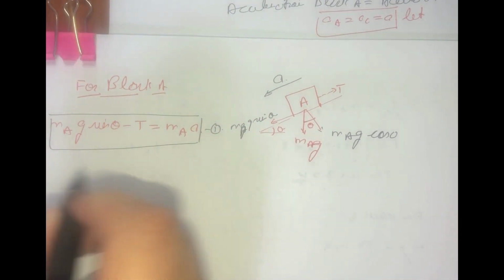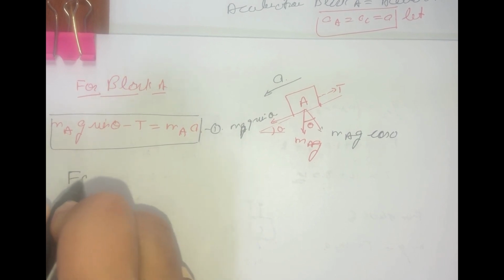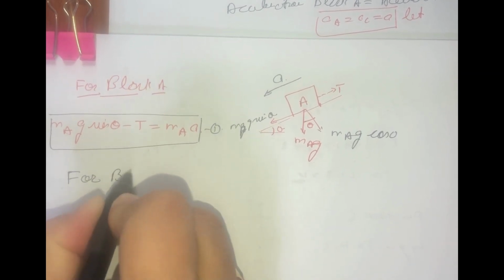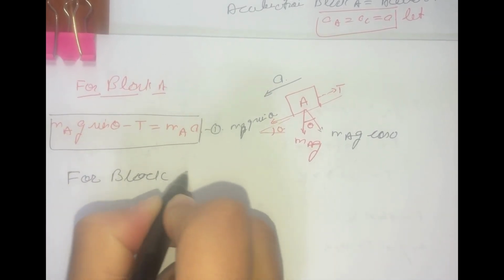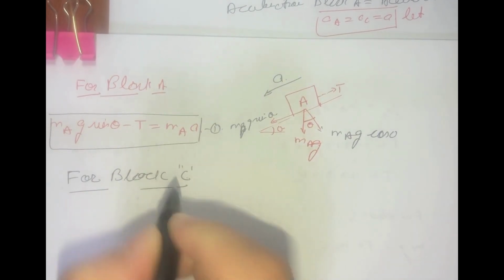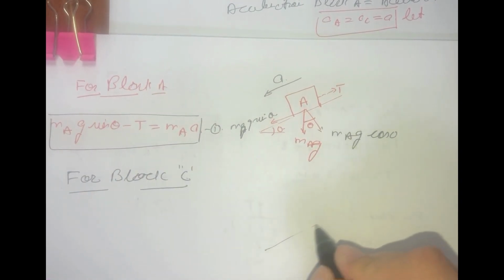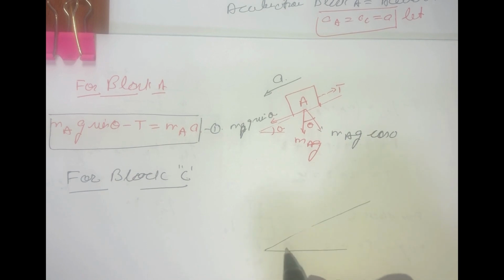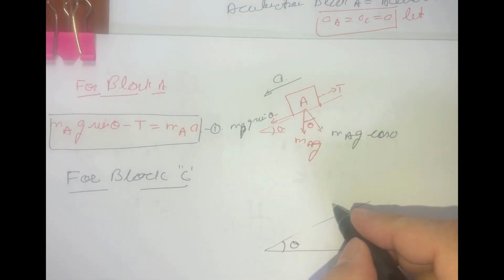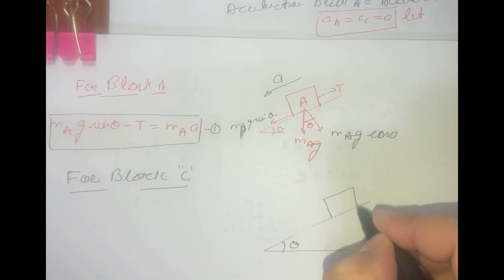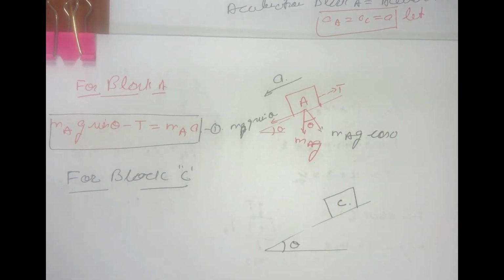And for block C, this is theta, and this is block C. Now the friction exists between block C and the inclined plane.